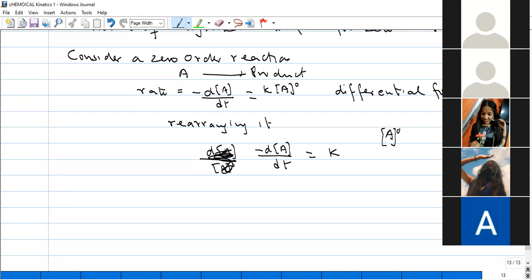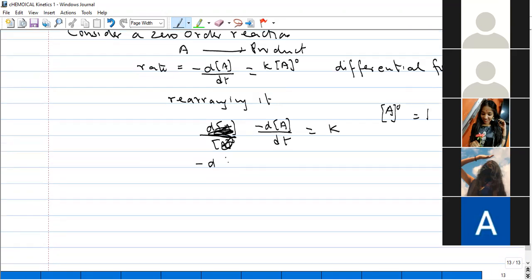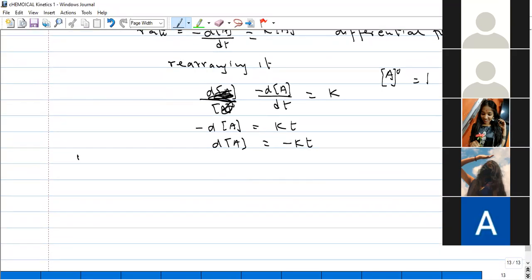So minus dA is equal to k dt, or dA is equal to minus k dt. When the concentration of A is equal to A0, t is equal to 0.